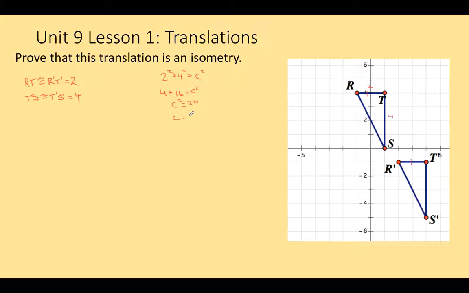And so c would be equal to the square root of 20, and as an exact square root, be the square root of 4 times the square root of 5. Square root of 4 is 2. Square root of 5 is that. So our final thing, we could just say RS is congruent to R prime S prime, which is equal to 2 radical 5.